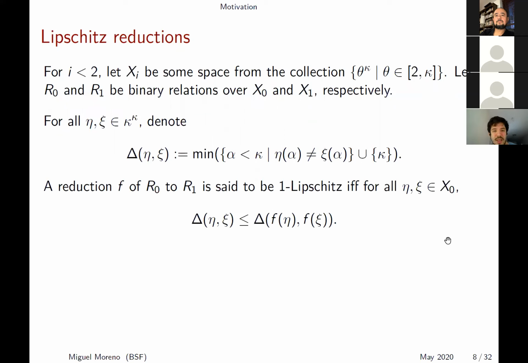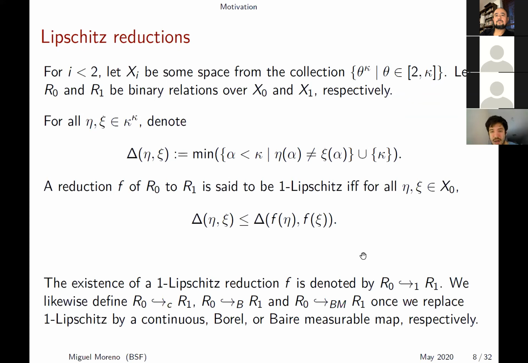Now, we say that a reduction f of R0 to R1 is one Lipschitz if for all eta and xi in X0, delta(eta, xi) is smaller or equal than delta(f(eta), f(xi)). So now this is very strong. We denote this by the hook arrow sub 1.